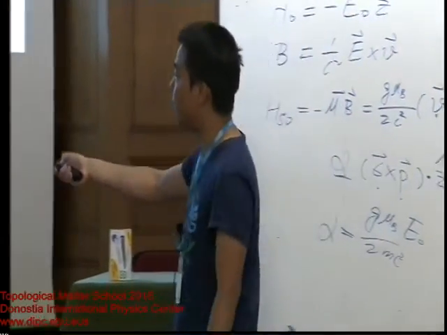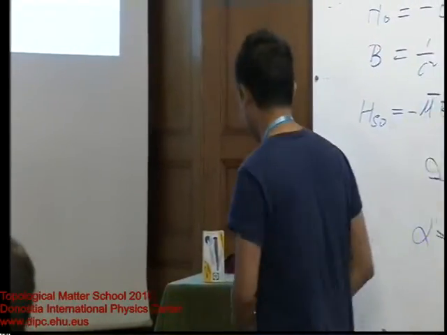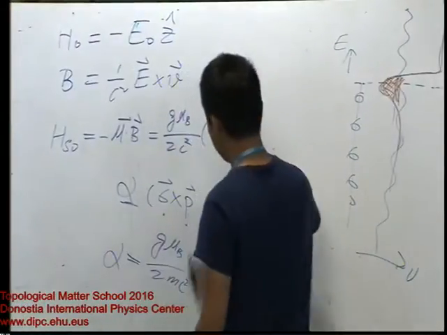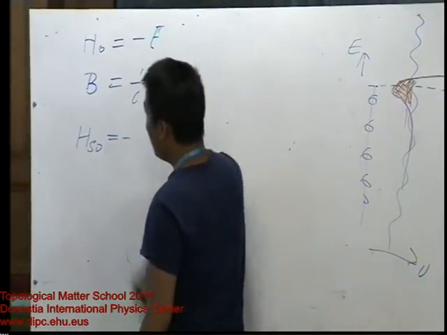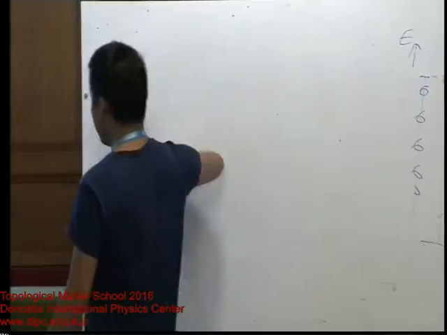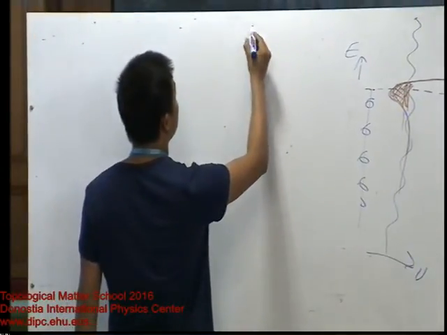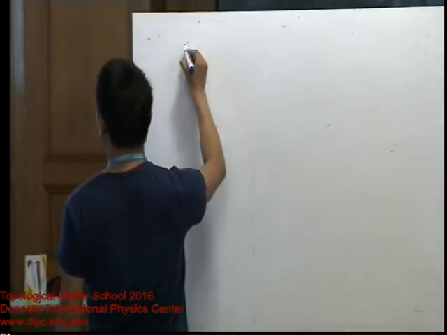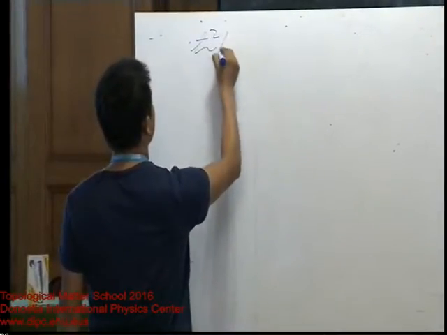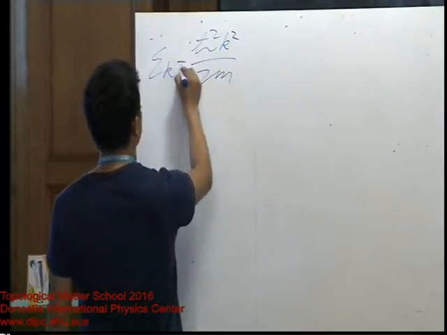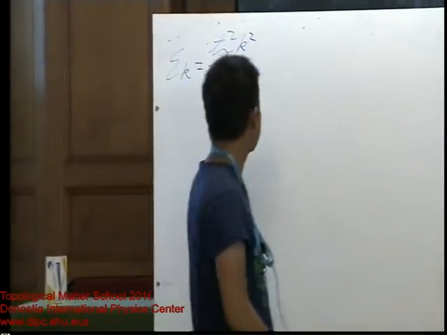Then let's see an example. What is this term, or what will happen? Suppose we have a parabolic band, as I said here. This is just a free electron dispersion.